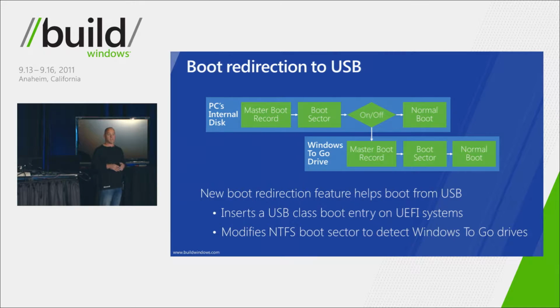So for Windows 8, we added a feature that allows you to go into the control panel and tell Windows to boot off of a Windows to Go workspace if one is present. And we did that for both legacy BIOS and UEFI.